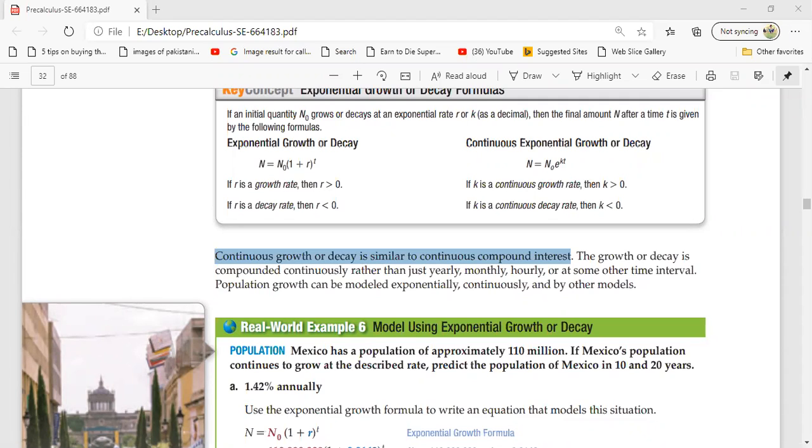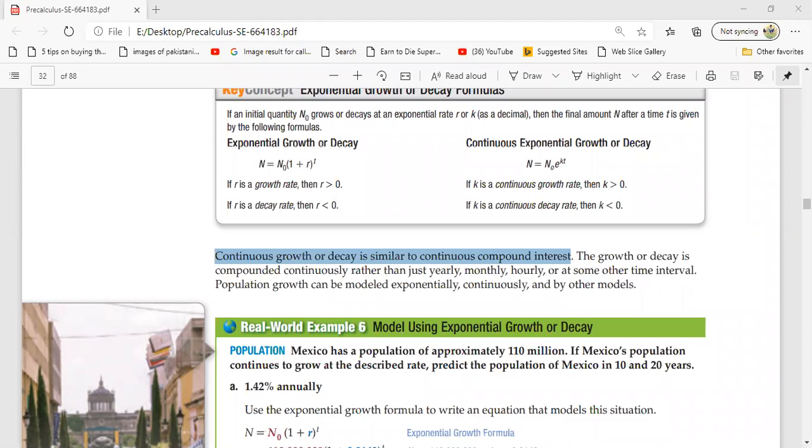So, exponential growth and decay formula. Exponential growth is used to study population, such as the increase in bacteria and other things. We have also taken the investment case now.